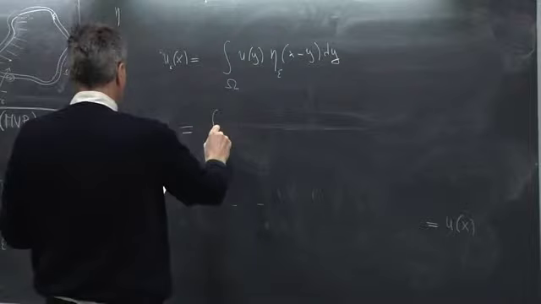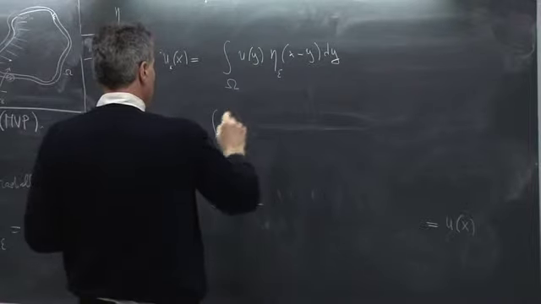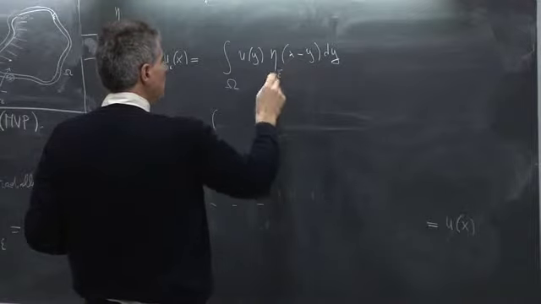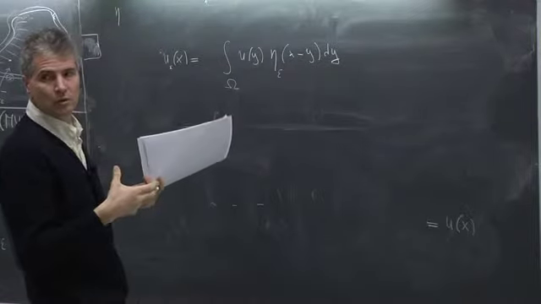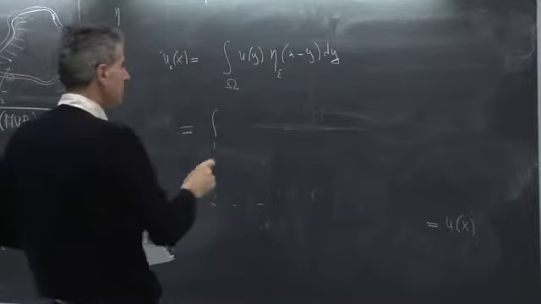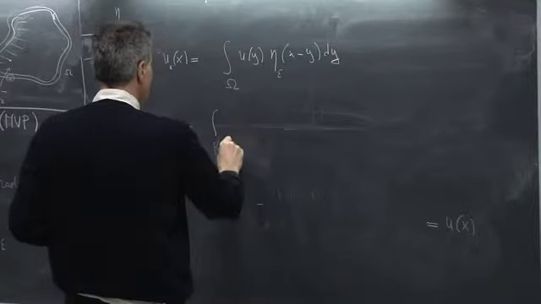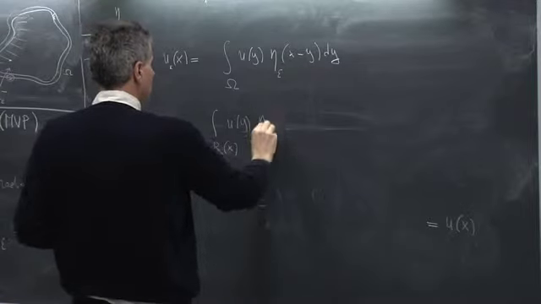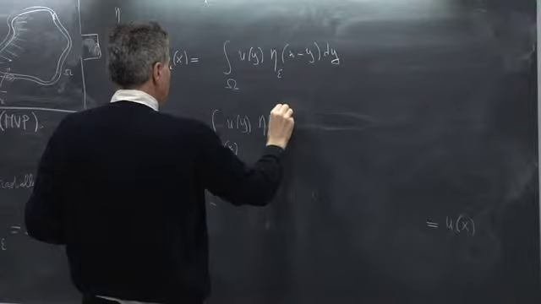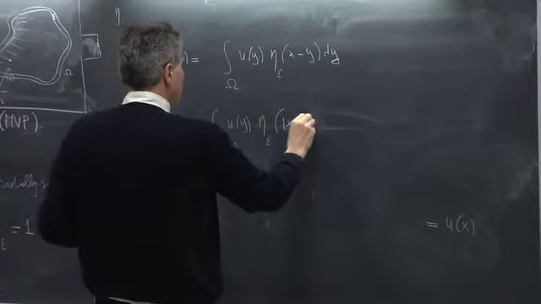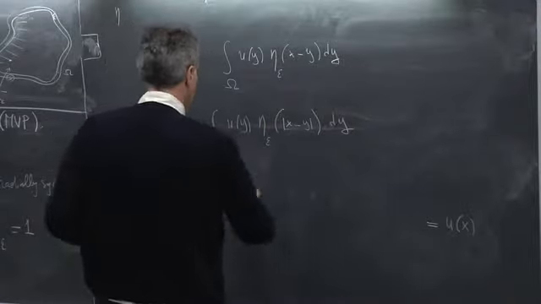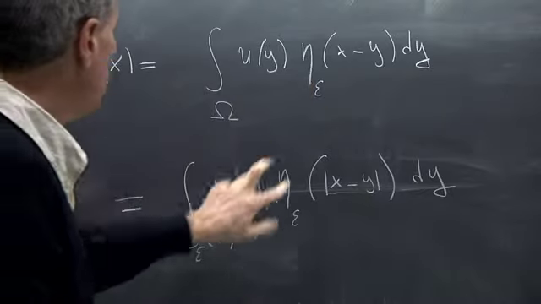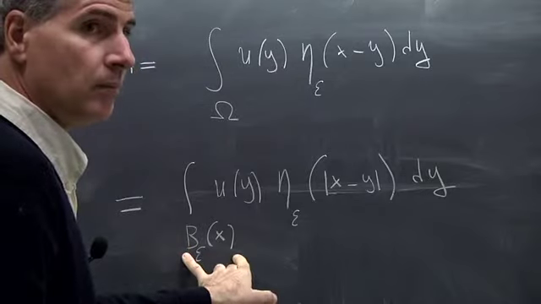So let me compute this. The support of eta epsilon is just inside the ball of radius epsilon centered at x, therefore this is equal to the integral of u of y, eta epsilon of x minus y, now it is radial, dy, okay? So this is just an integral concentrated here.